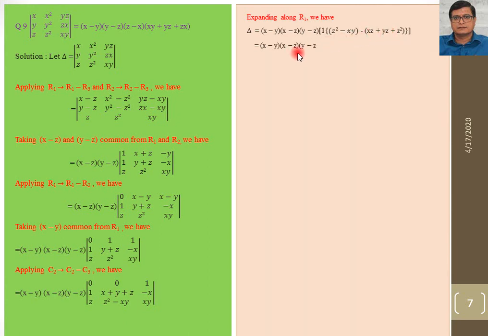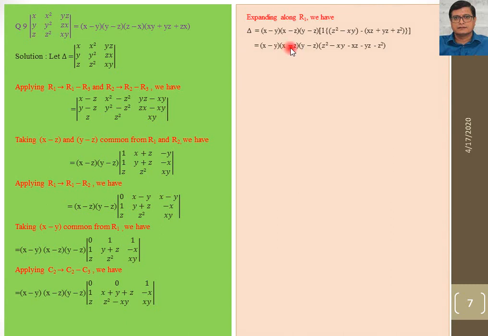So z square minus xy minus xz minus yz minus z square. So z square will be cancelled out here, number 1. From these three terms we can take minus common, right? And this value is x minus z, so we make it z minus x.